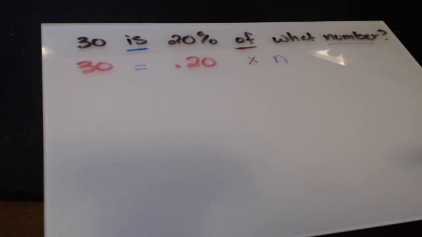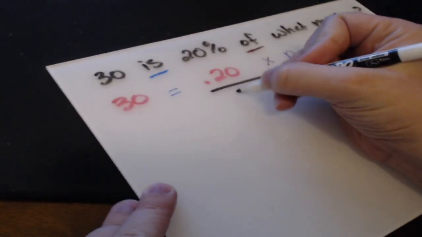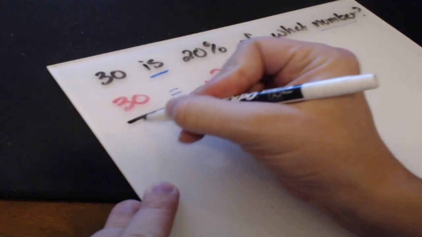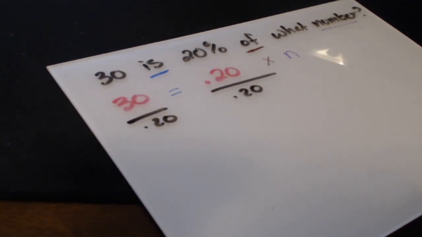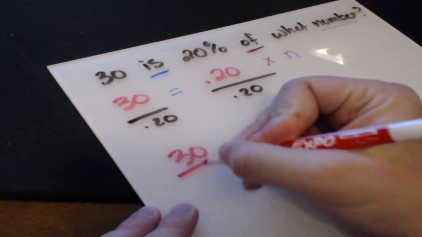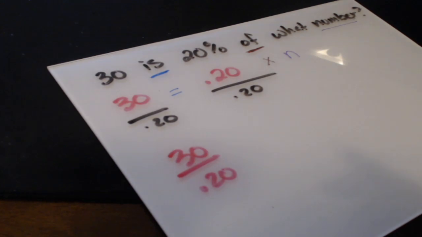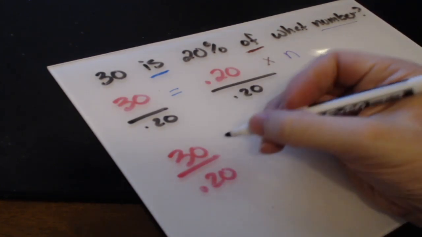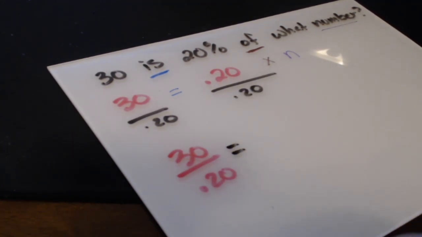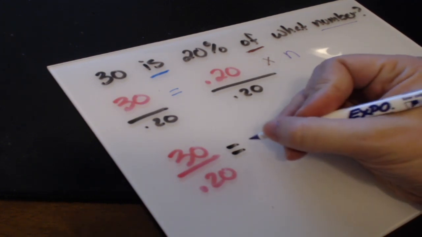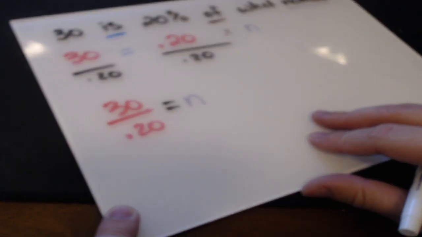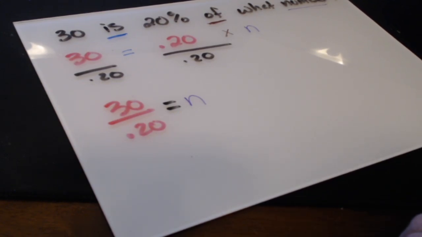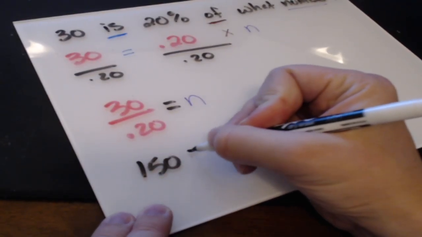So I need to divide 0.20 off this side and 0.20 off this side. I have my new problem that says 30 divided by 0.20 equals n. In this case, you might not know what the answer is, and that's okay. 30 divided by 0.20 is going to be a whopping 150.